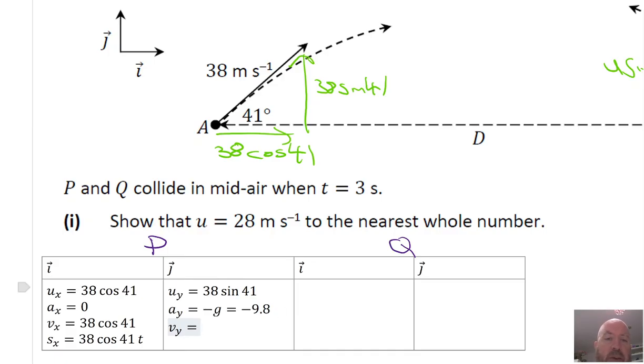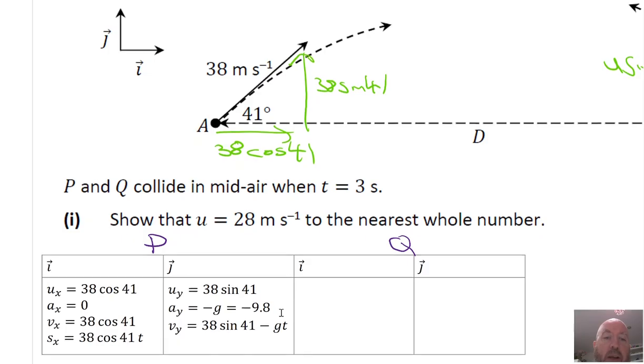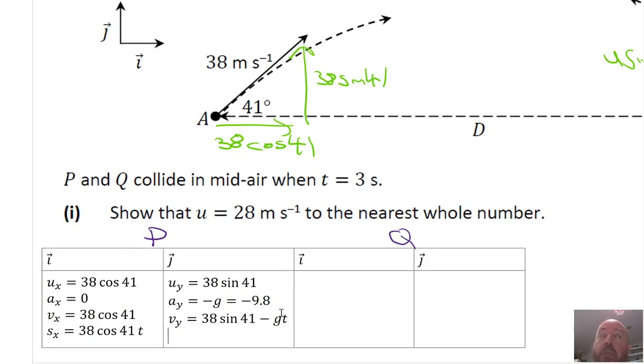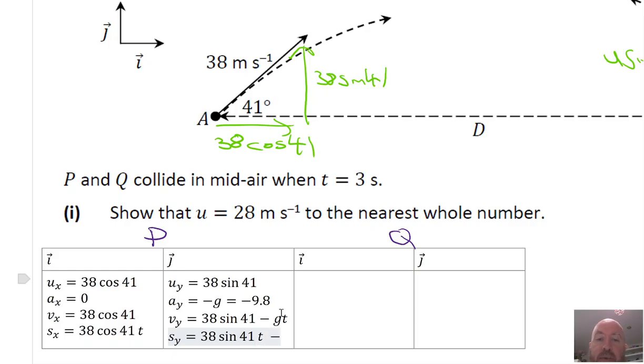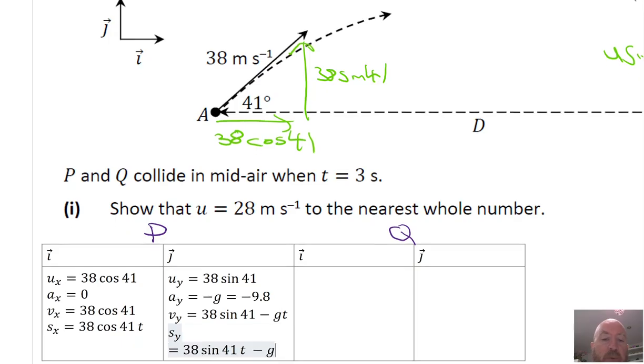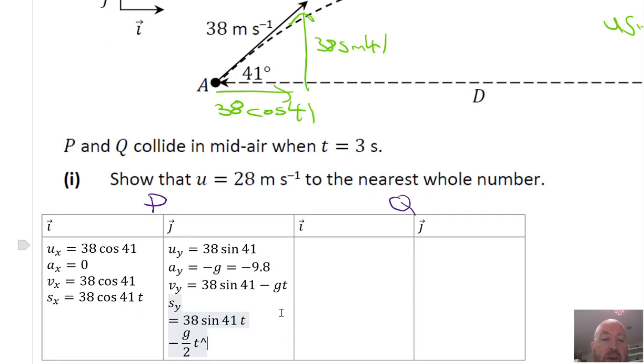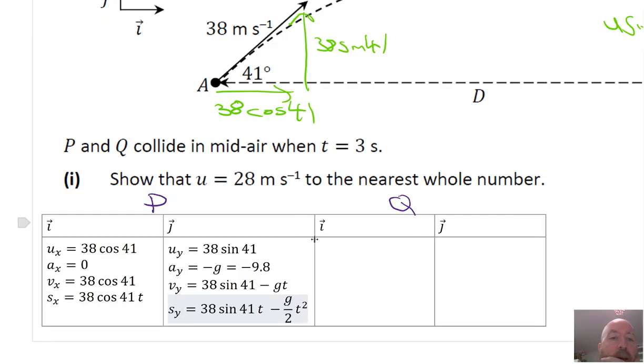So v equals 38 sine 41 minus gt. Again, I'll be lazy and leave it as g for now. And then Sy is 38 sine 41 t minus a half gt squared. I prefer to write g over 2 because it saves me a tiny amount of writing. And so that's everything for P.